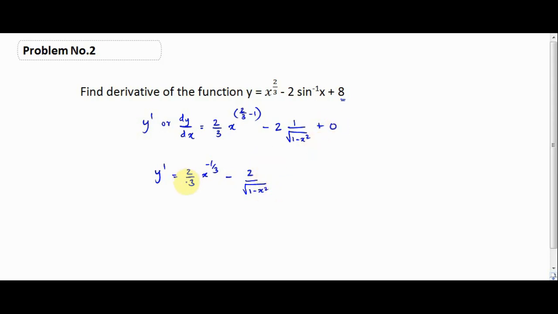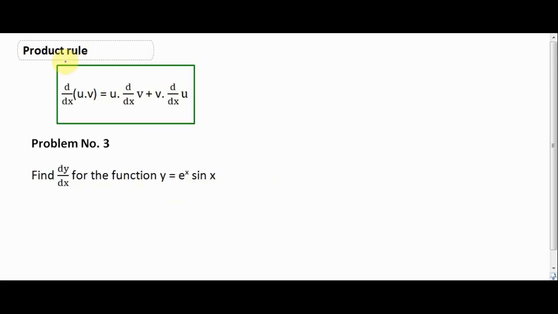So the derivative of the function y is given by y dash equal to 2 by 3 x raised to minus 1 by 3 minus 2 by root over 1 minus x square.